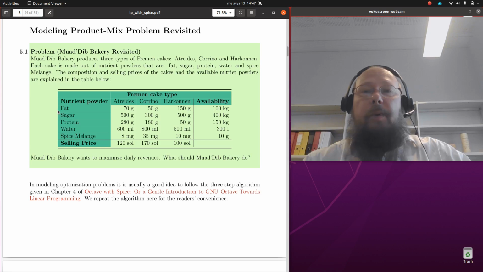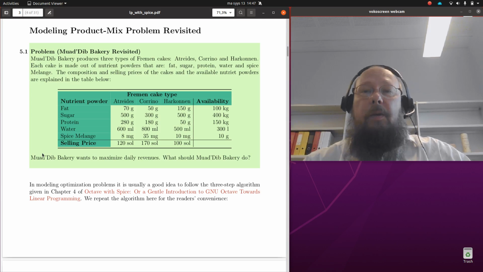In the rows we have the nutrients: fat, sugar, protein, water and spice melange. Then in this margin we have the selling prices for each cake, and in this margin we have the availability of different nutrient powders.